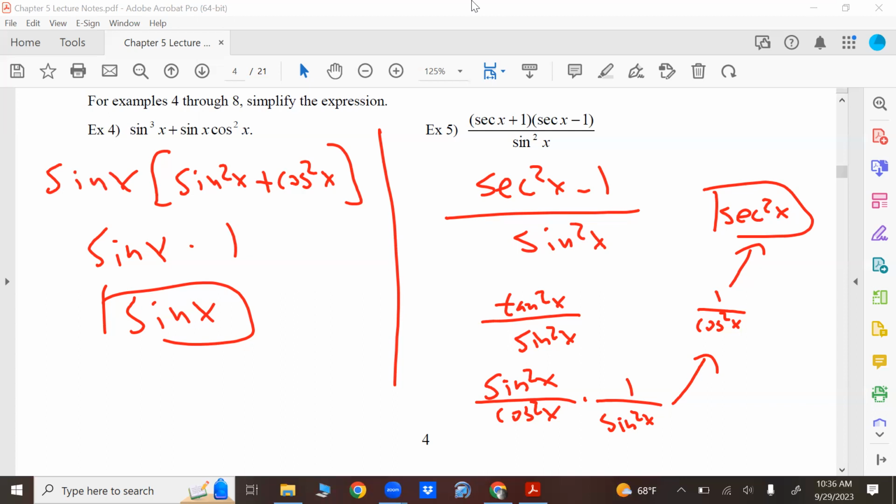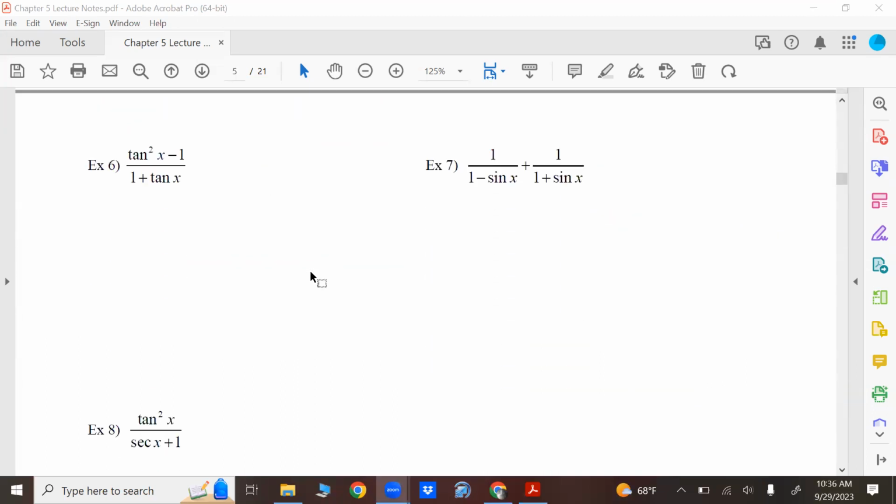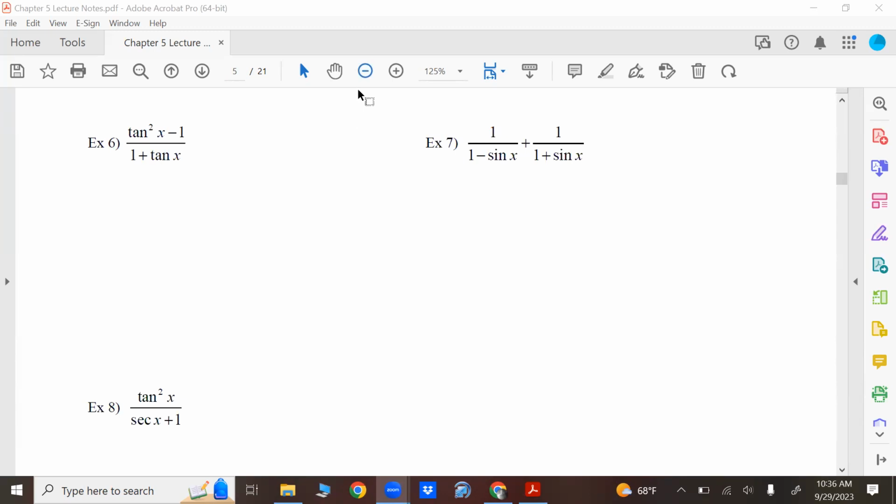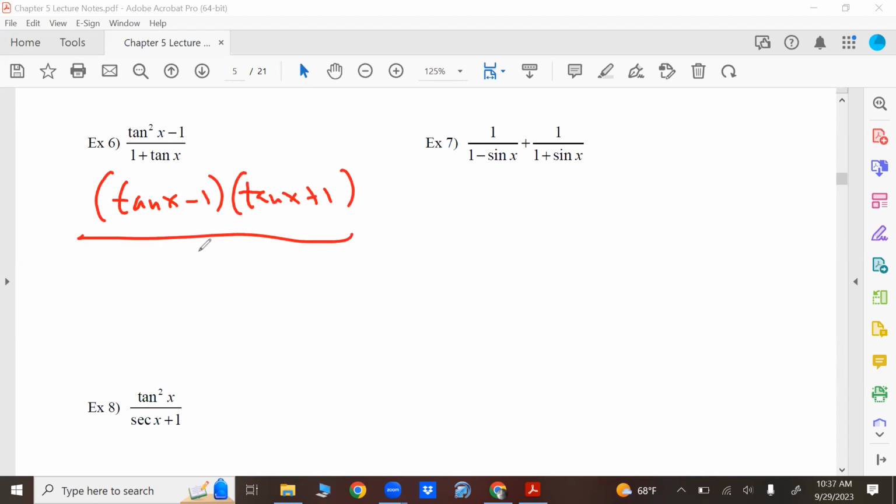And example 6, I think if you guys are still working on it, I'll freeze my screen one more time. Let's work on example 6. We need to factor.